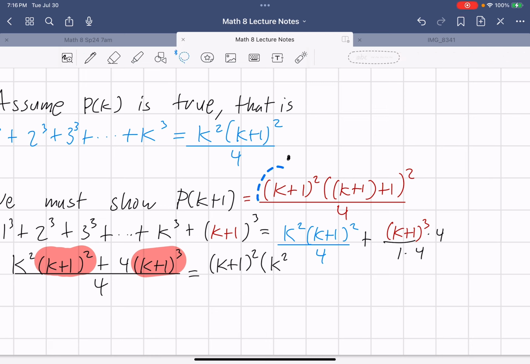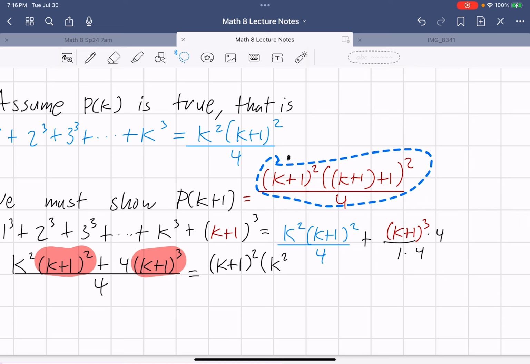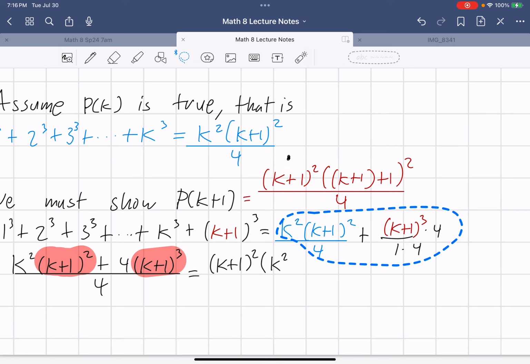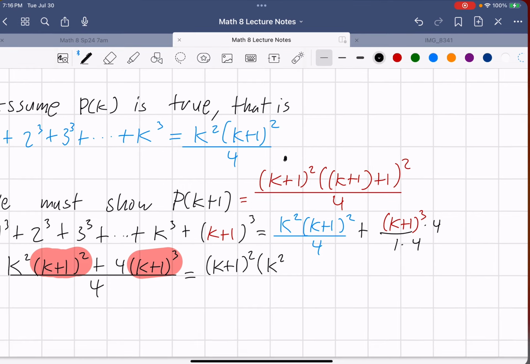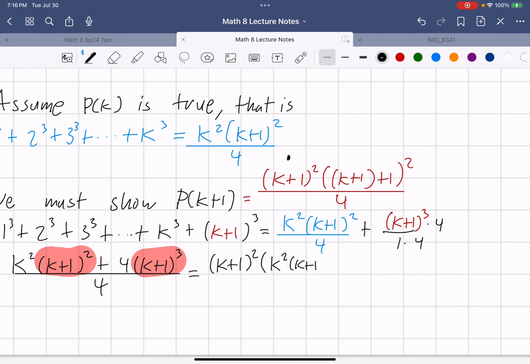Let me move all this up so it gives me more space to work. That leaves me with just k squared, because I took 2 of them out, plus 4 times k plus 1, all over 4. And then I can distribute this 4 in, which just becomes k plus 1 squared.